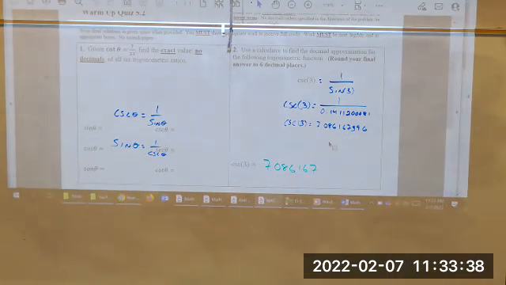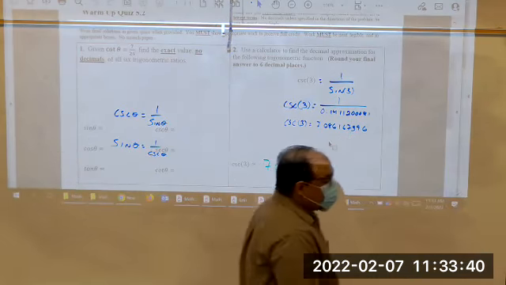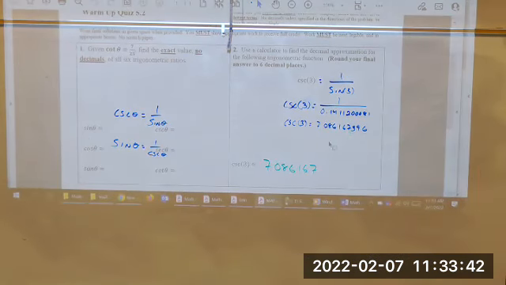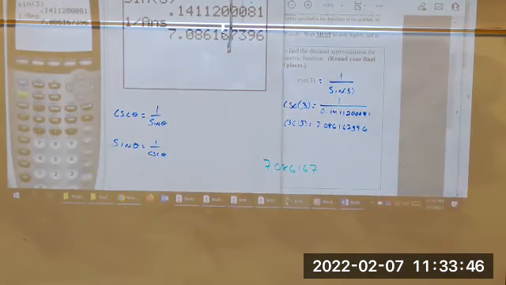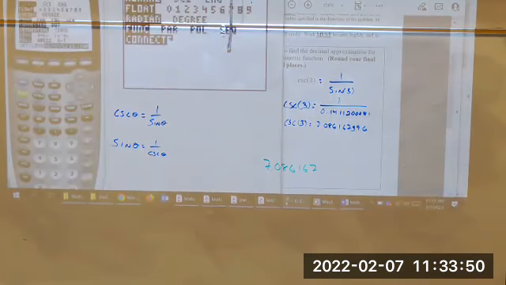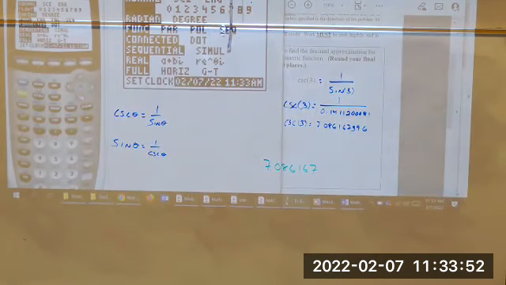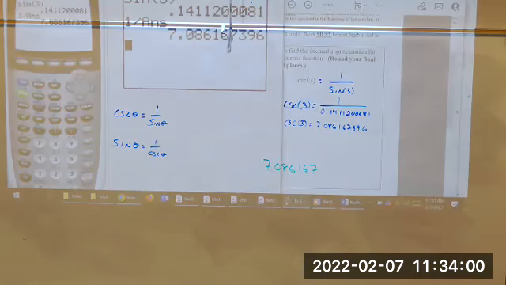If I am in degrees instead of radians, just so you see the difference, then sine of 3, and enter.